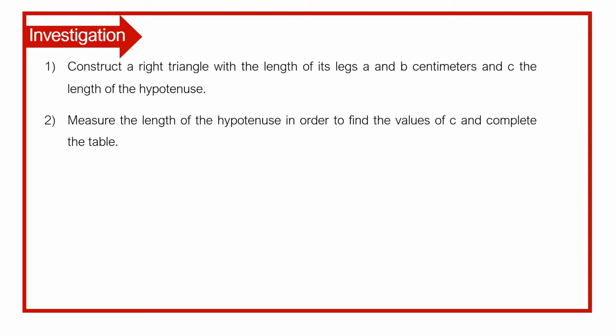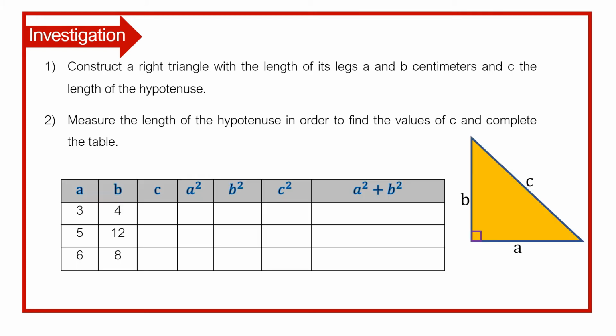Then you will measure the length of the hypotenuse in order to find the values of c, and then you complete this table. So as you can see, we will have a right triangle. We get a and b. Then we measure c. Okay?